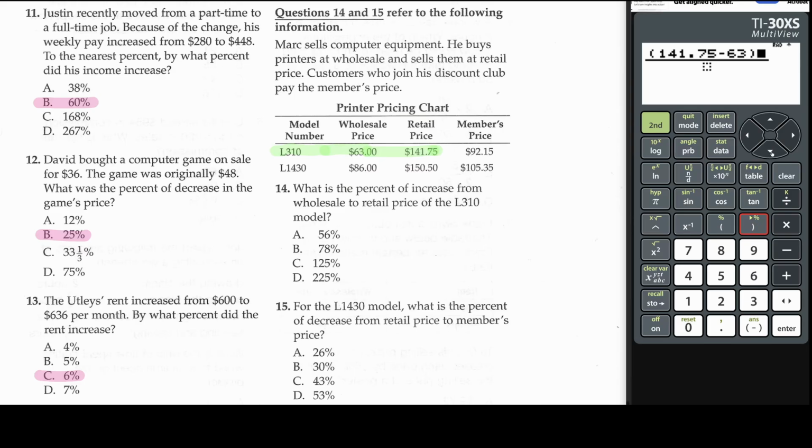Now go down. Since this is a percent of increase, the bottom number should be the smaller one. Now exit out by clicking the right key here. Now multiply that by 100. Press enter. That's a 125% increase. Wow.